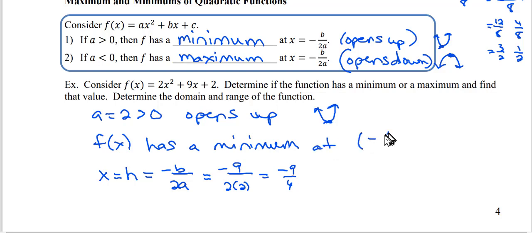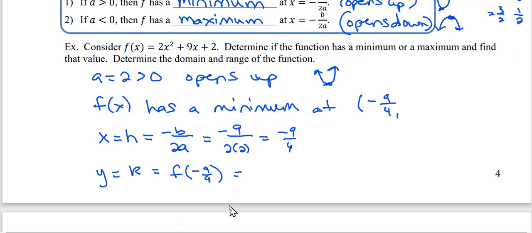So the ordered pair has x coordinate of -9/4. And to find the y, which we typically refer to as k, that will be f of -9/4. Anytime we're looking for a y value that goes with a particular x value, we plug that x value into the function.